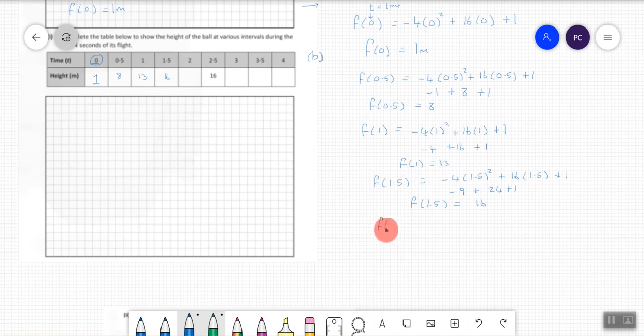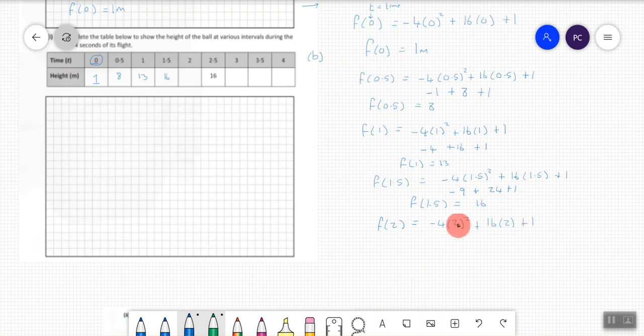So function 2, that's going to be equal to minus 4 times 2 squared. Again, I'm just taking this from here. Plus 16 times 2 plus 1.